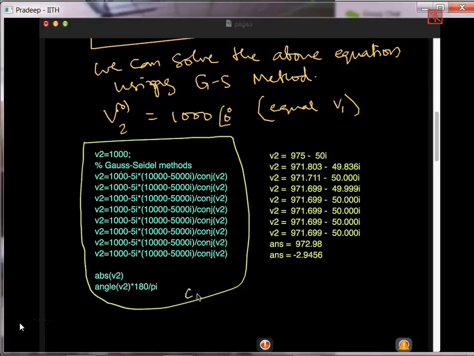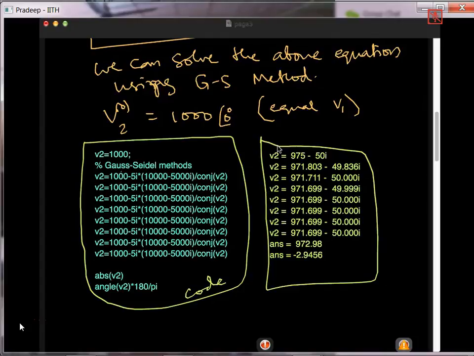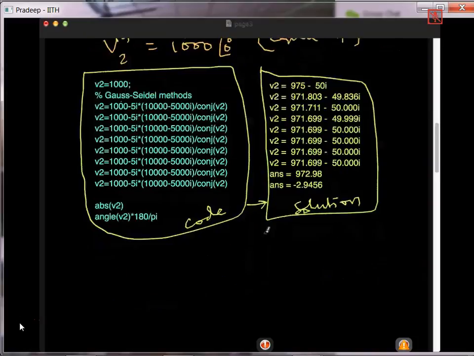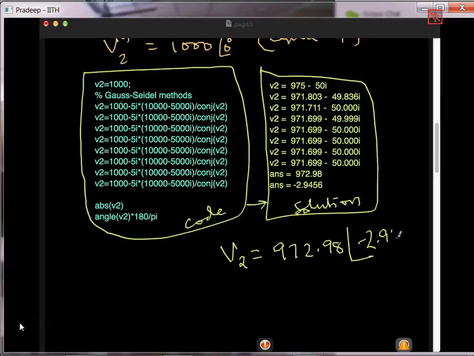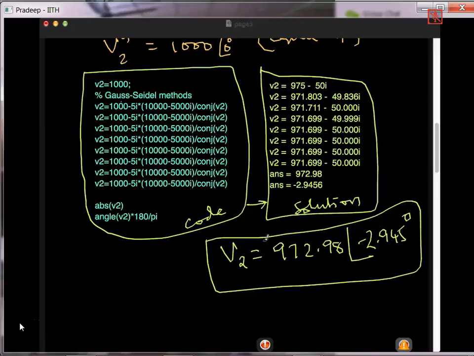This is my code and this is the solution. So finally, what is the value of V2? V2 is nothing but 972.98 at an angle of minus 2.945 degrees. So this is the final answer.